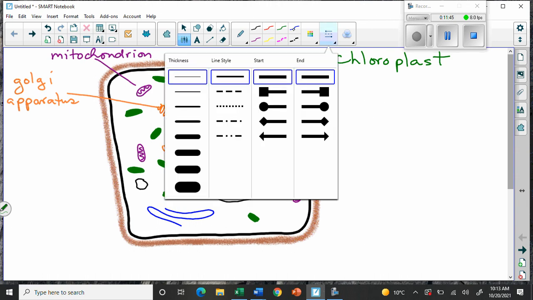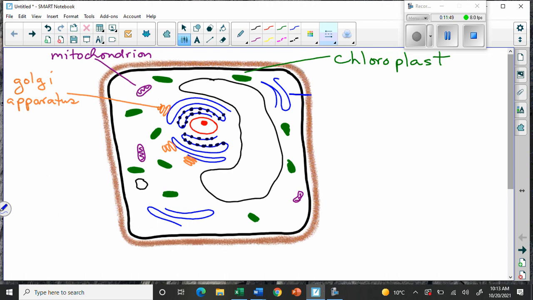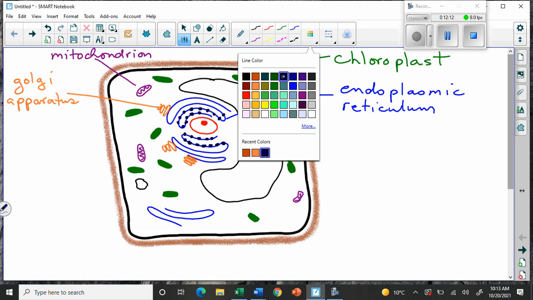We can do a blue for the endoplasmic reticulum. All through the cell. There's some over here, and maybe I could draw this arrow here, and another arrow over here, just to show it's all over the place in the cell. We have the ribosomes there in the dark blue color.